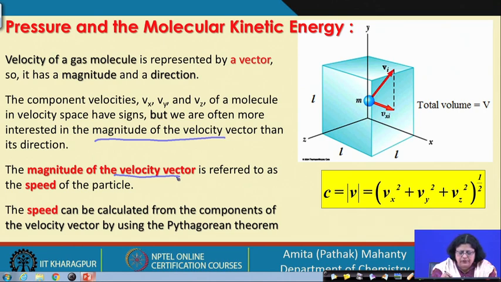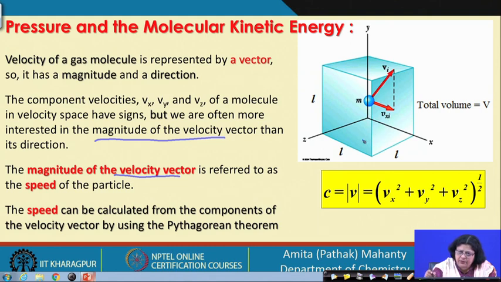We are looking into the velocities of molecules moving in a cube of side length L, total volume equal to L cube equal to V. All the molecules contained in this exert pressure on the wall through collision, and we are looking in the velocity space where the velocity of the particles is resolved into x, y and z directions.